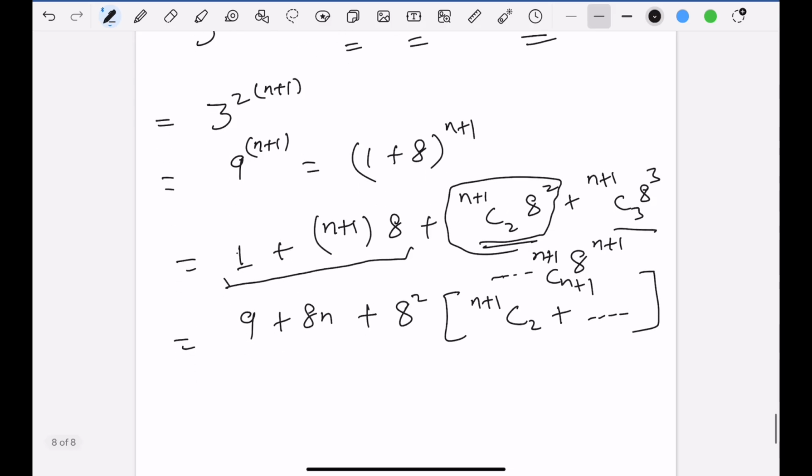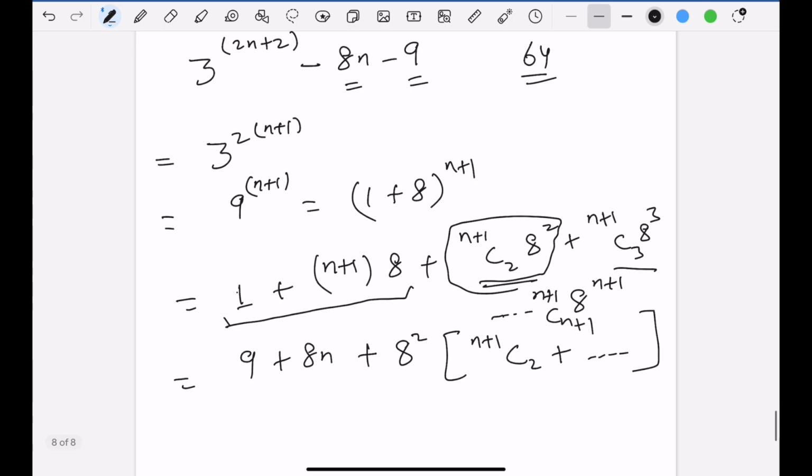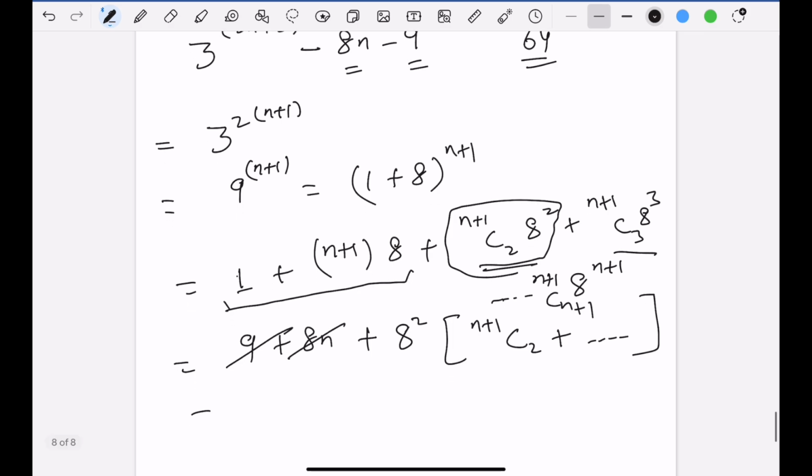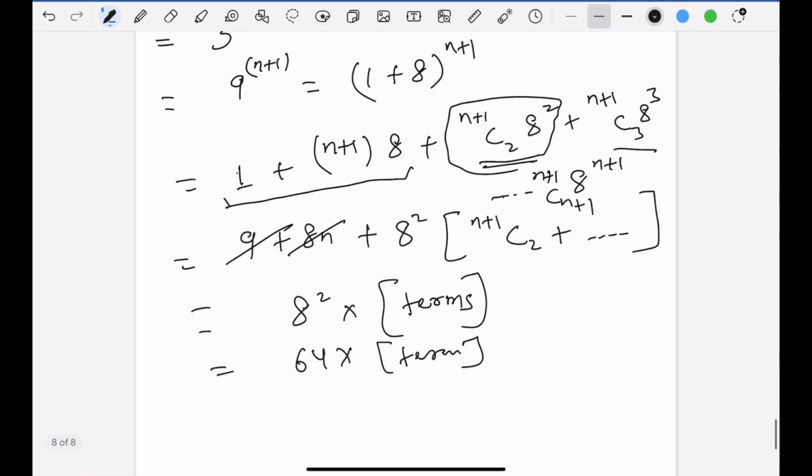Now, in the expression we have minus 8n and minus 9, which cancel out these two terms. So what we will be left with is 8 square into some terms. And 8 square is equal to 64, into some terms, so since we have 64 times something, we can say this is divisible by 64.